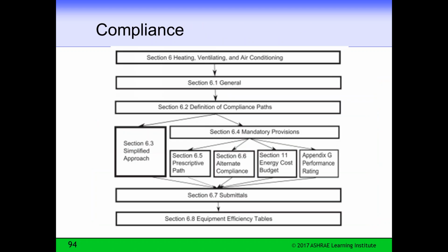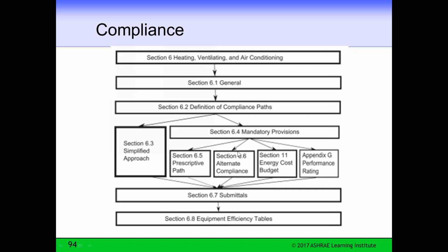So for compliance, section 6 has the simplified approach down here at 6.3, and then it has prescriptive path, which is the way you would normally, if you're going to use ComCheck to show compliance, then you would use this prescriptive path, 6.5. And then we have alternate compliance, 6.6.